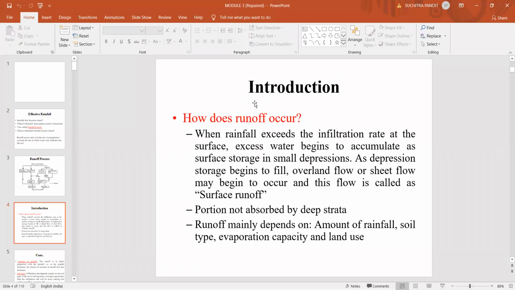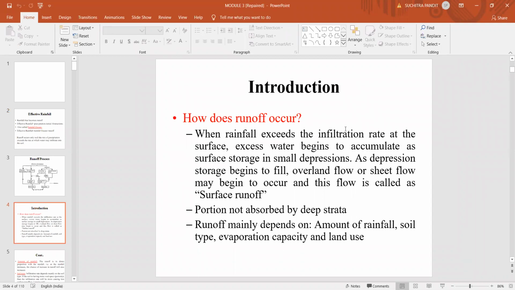Next, let us discuss how runoff actually occurs. When rainfall exceeds the infiltration rate at the surface, excess water begins to accumulate as surface storage in small depressions. As depression storage begins to fill, the overland flow or sheet flow may begin to occur, and this flow is called the surface runoff.